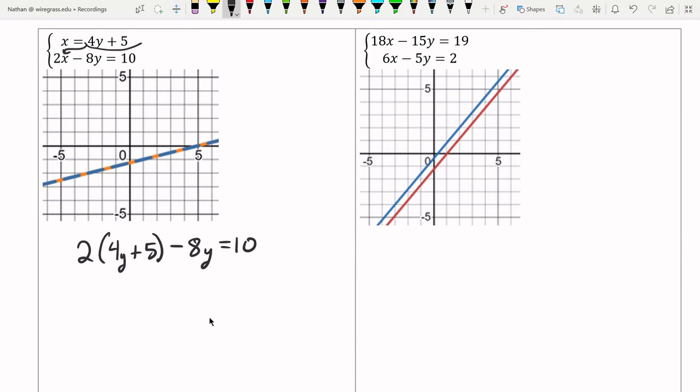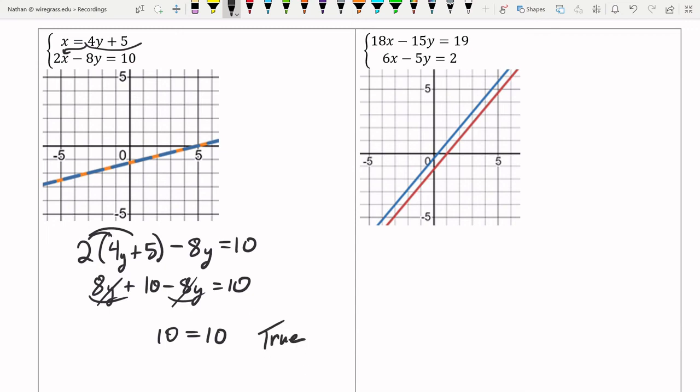This is a linear equation of one variable. I can solve by distributing and getting the variable by itself. I have like terms here, 8y and negative 8y, those cancel. And we get 10 equals 10. This is a true statement. So it actually has infinite solutions.